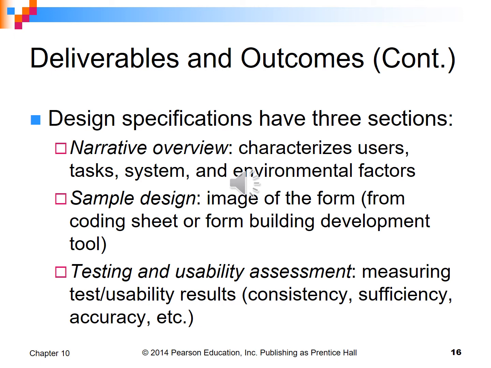You have to include a sample design image of the form from the coding sheet or from the development tool. You print it and you put it there as a document. And testing and usability assessment, measuring test or usability results, consistency, sufficiency, accuracy, etc., as we are going to talk about the assessment of usability at the end of this chapter.